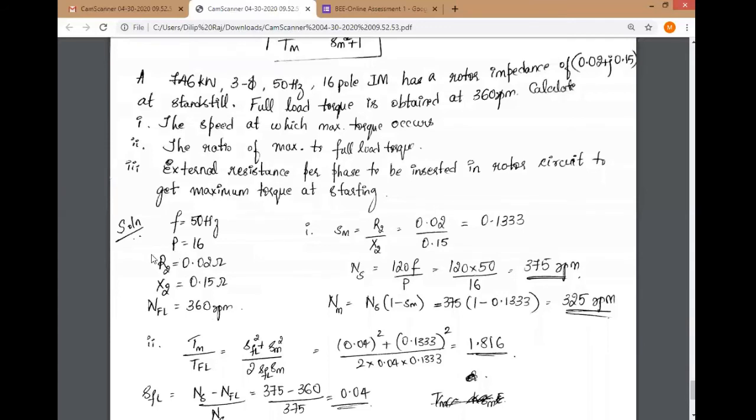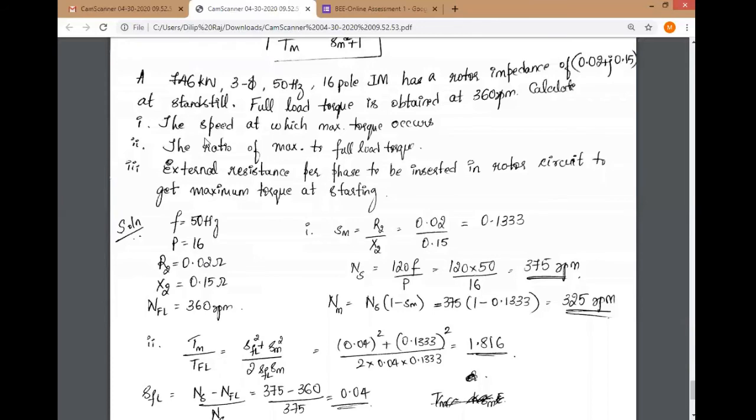Frequency is 50 hertz, number of poles is 16. The full load torque is obtained at a speed of 360 rpm. That speed, corresponding to full load torque, we consider as the full load speed, which is 360 rpm. Given this, the first parameter to calculate is the speed at which the maximum torque occurs.